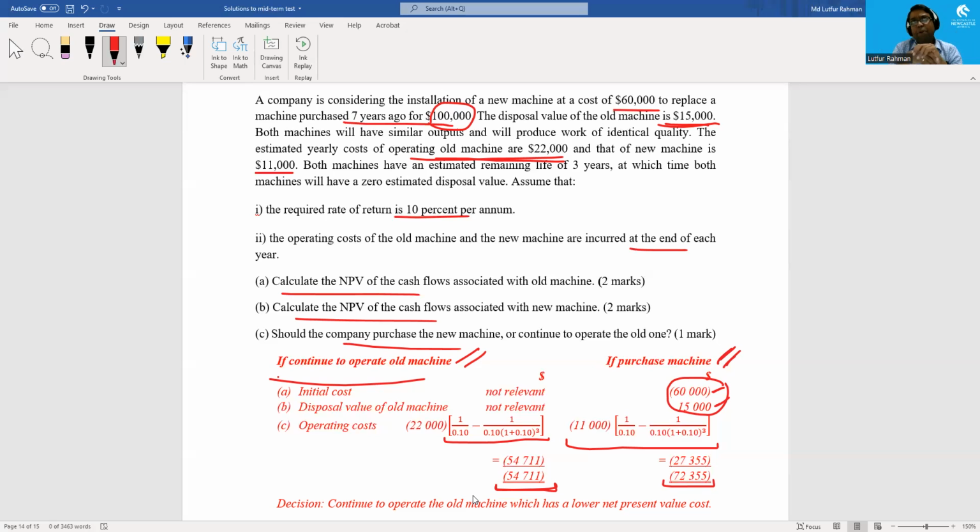And just a couple of additional points here. Many of you unnecessarily complicated this problem. For example, some of you assumed a depreciation, like a straight line depreciation, then you calculated depreciation. Look, no information is given here about depreciation. So when you are not given any instruction about anything, you should make a simplified assumption rather than making it complicated.